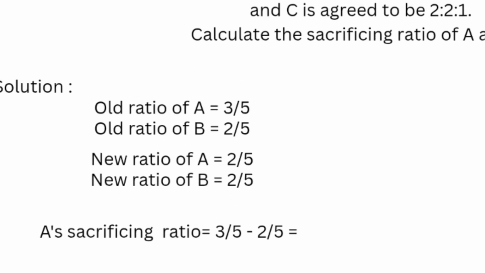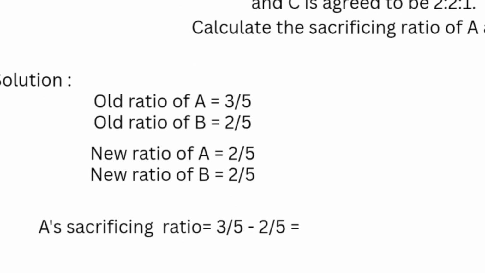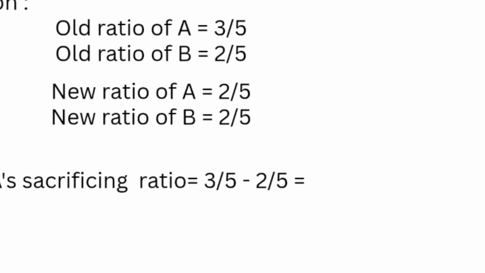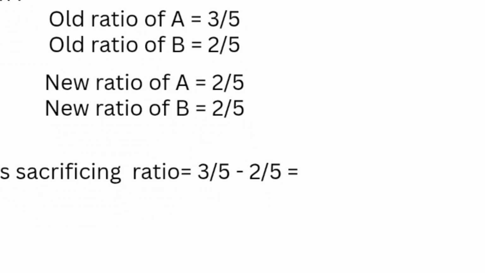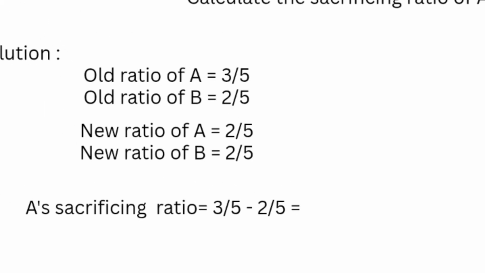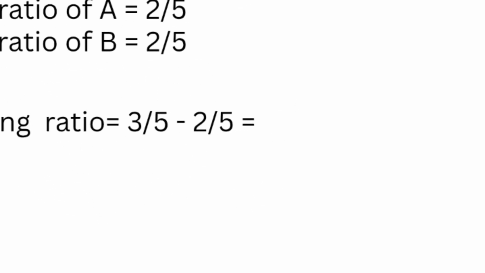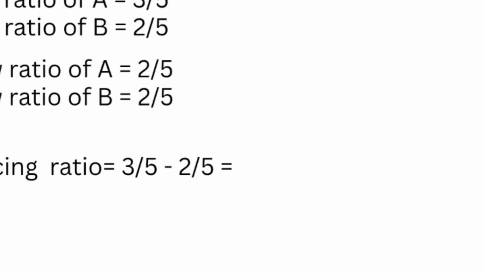So A's sacrificing ratio will be old ratio 3/5 minus 2/5. Since the denominator of old ratio and new ratio is same, which is 5, then the LCM will be 5.